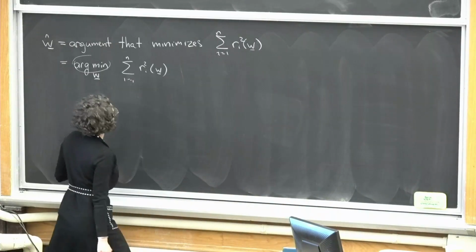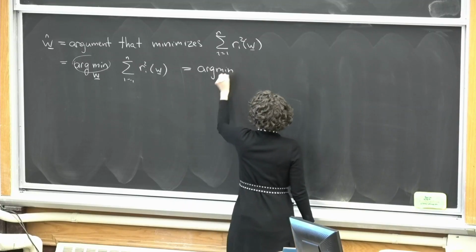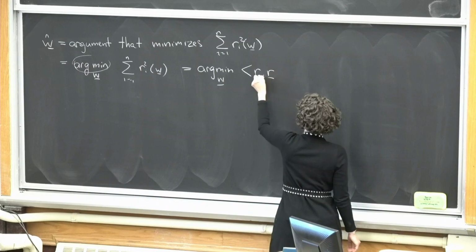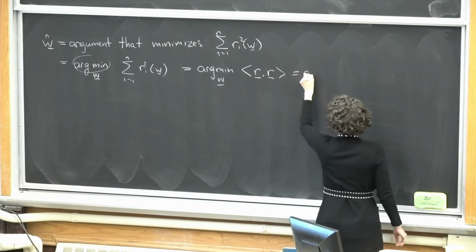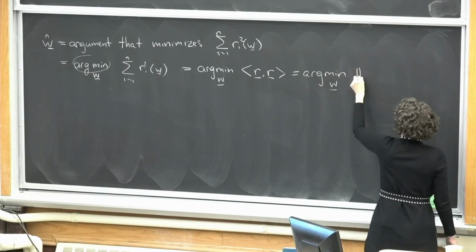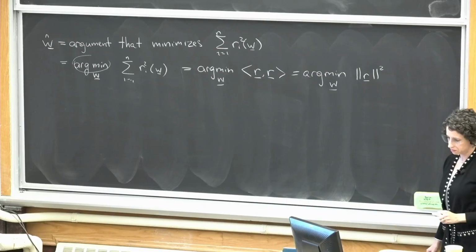And as I said before, this is equivalent to saying we want the arg min over W of the inner product of R with itself, which is the same as the arg min over W of the length of R squared.